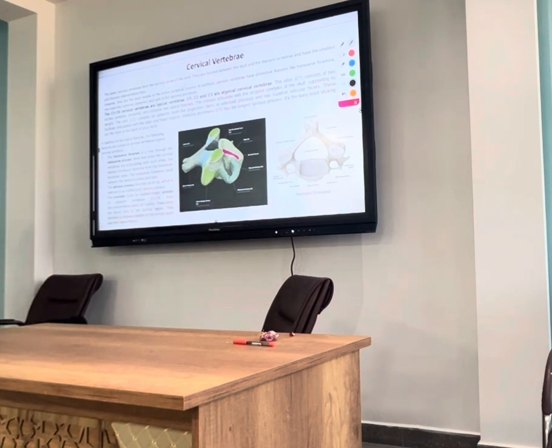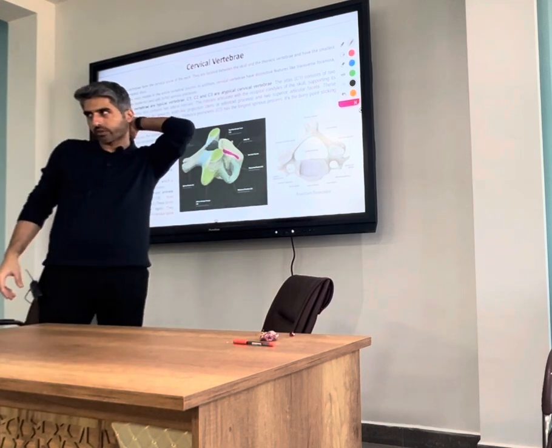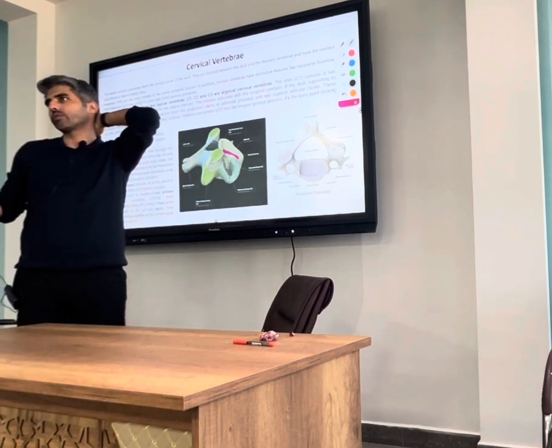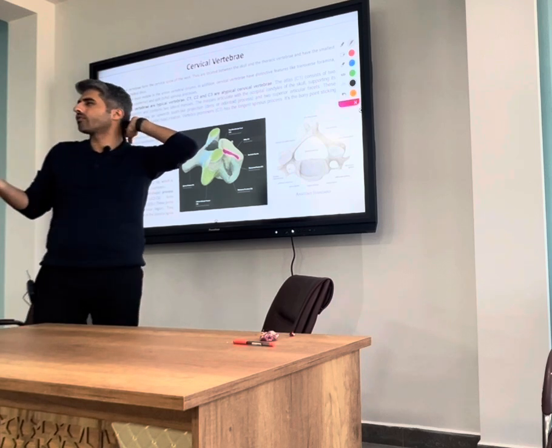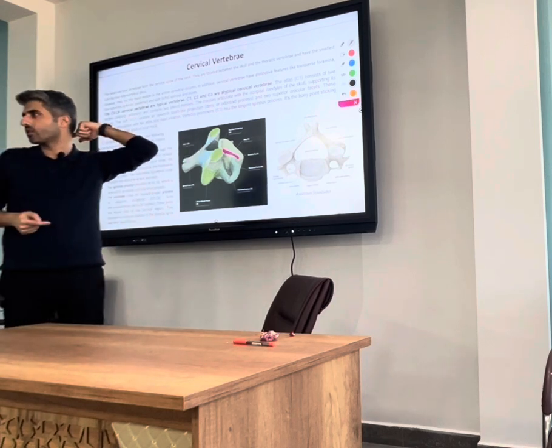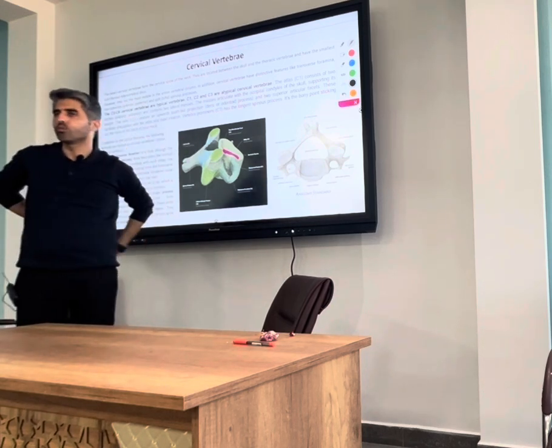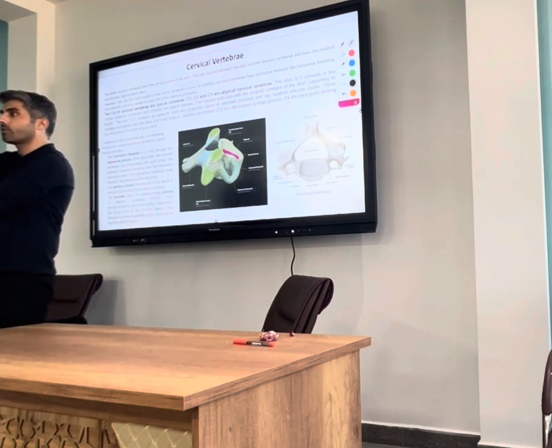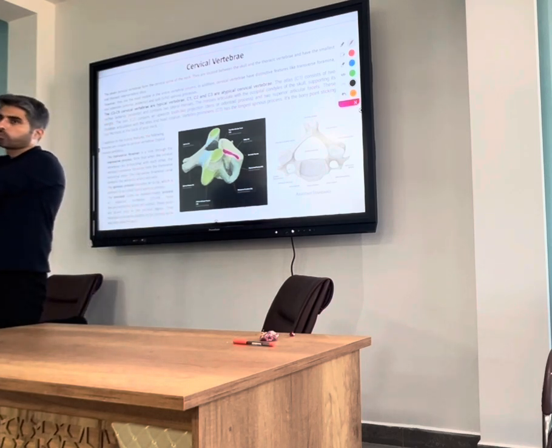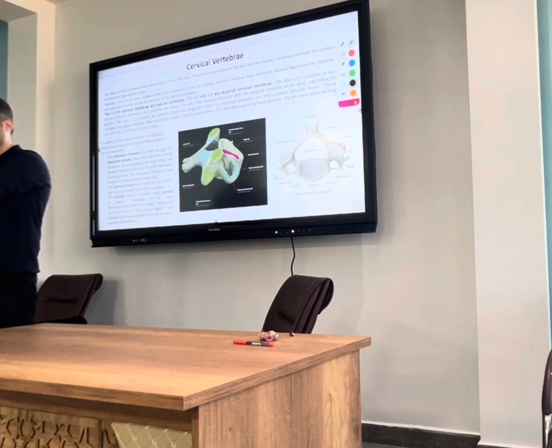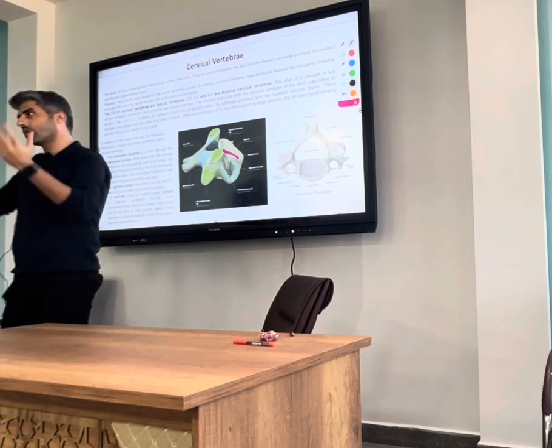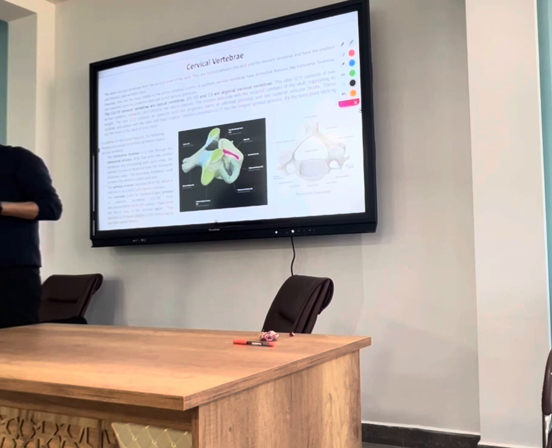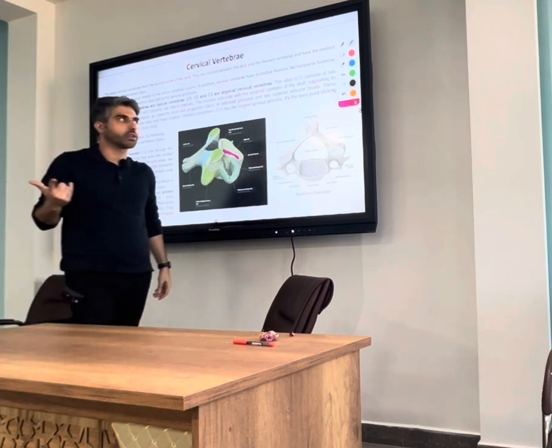First of all, you should be able to distinguish the cervical vertebrae from other vertebrae. What is the difference between vertebrae in the cervical, thoracic and lumbar regions? They have some differences. Each region is specific, with a different shape.